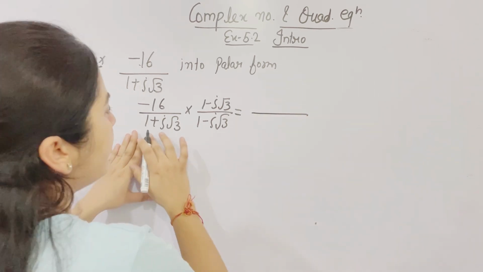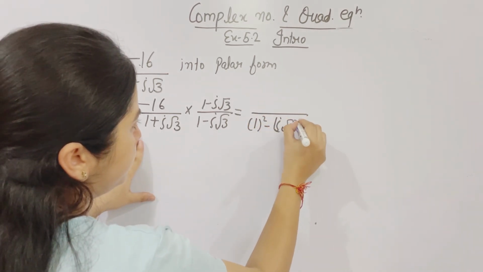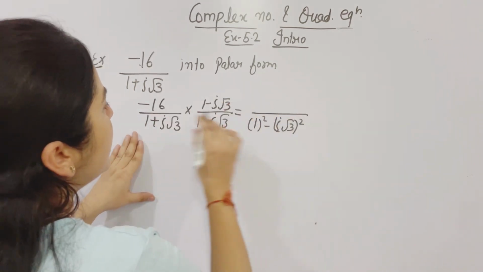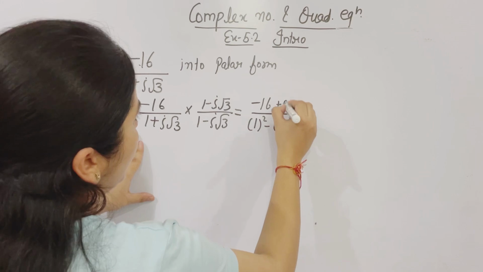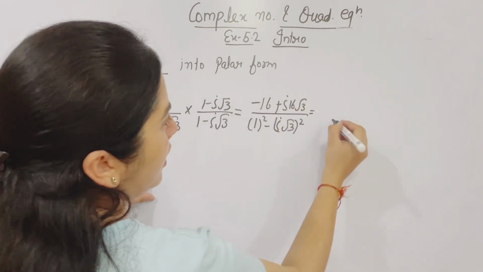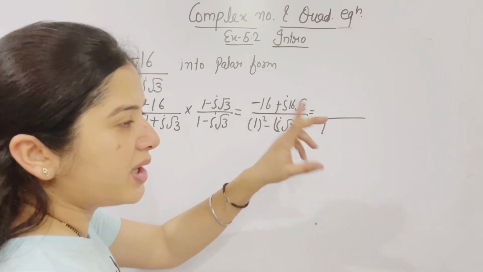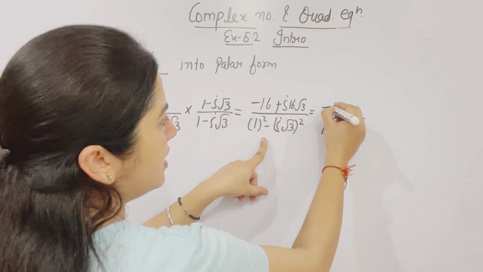In denominator it will be a square minus b square, and in numerator it will be minus 16 plus iota 16 root 3. 1 minus iota square is minus, minus minus plus, root 3 square is 3.